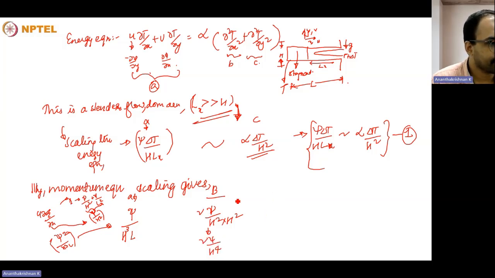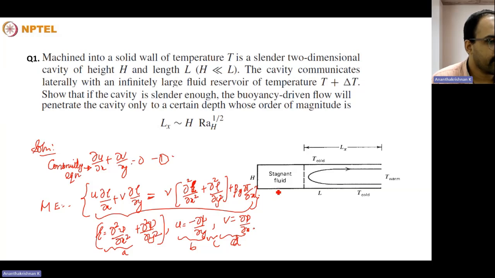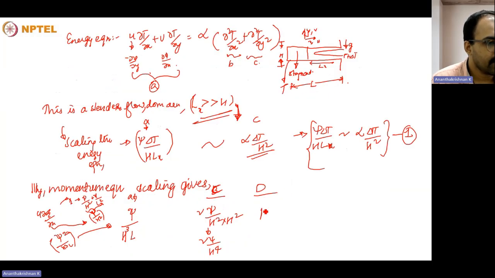And the last term, it will be c. This will be c, and the d term will be beta g dou T by dou x. So beta g delta T divided by x can be scaled in terms of Lx.